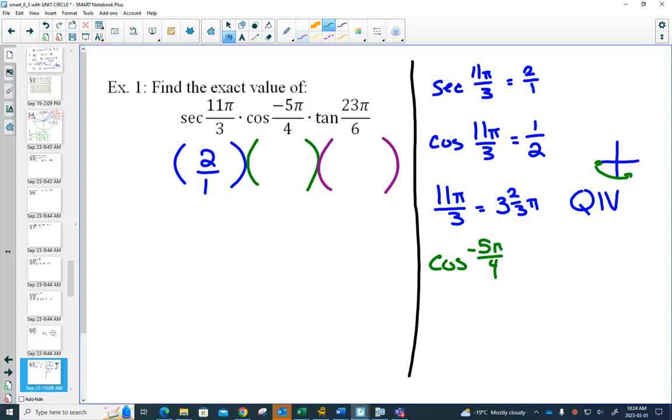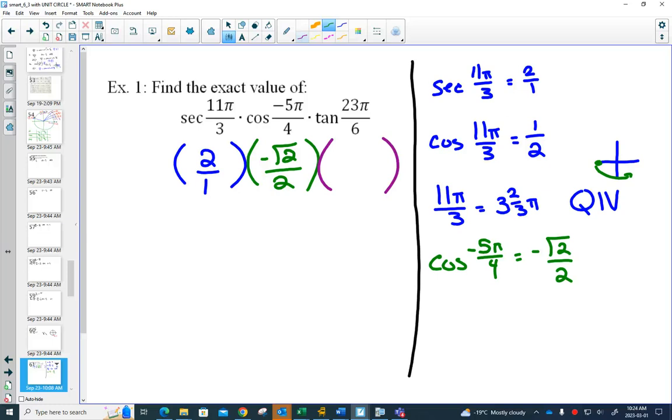Do you see that that would end in quadrant 2? Cos is negative in quadrant 2. Pi over 4 family is always root 2 over 2. So I can now determine that this would be negative root 2 over 2.